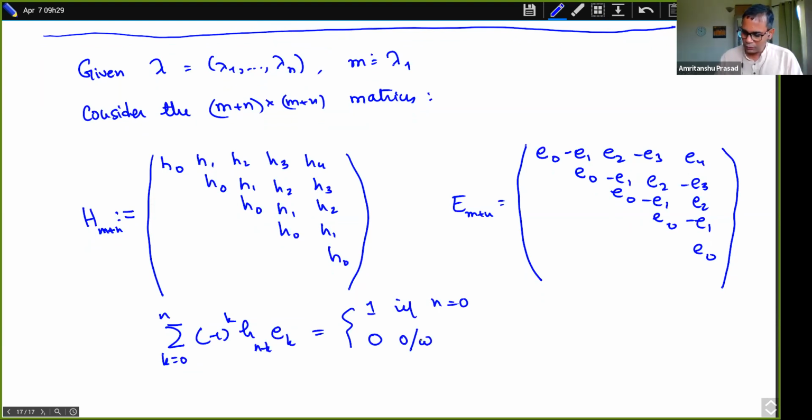Now, we know that these upper triangular Toeplitz matrices multiply just like polynomials. And so this is equivalent to saying that HE is the identity, or in other words, E is H inverse. Okay, so that's one fact that we should keep in mind.